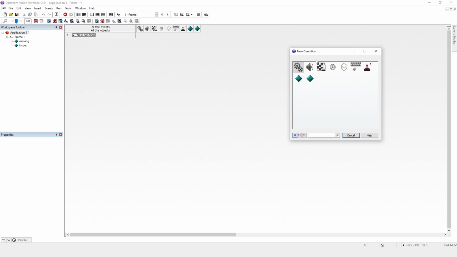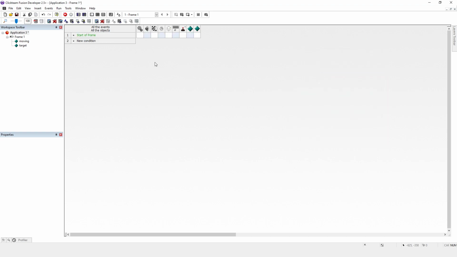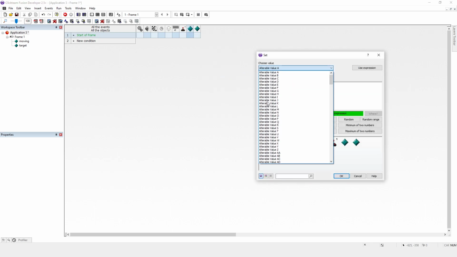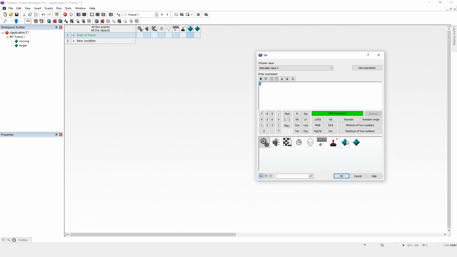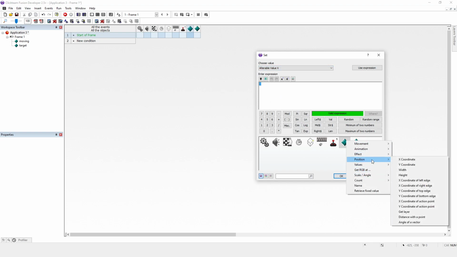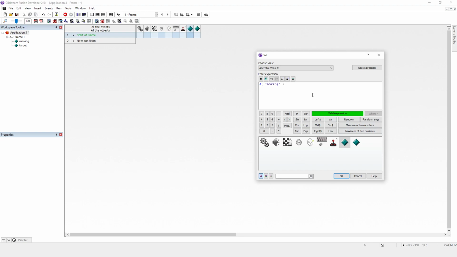Okay, so what we're going to do is, at the start of the frame, we're going to have an alterable value to set the x and the y positions of our player object, our moving object.